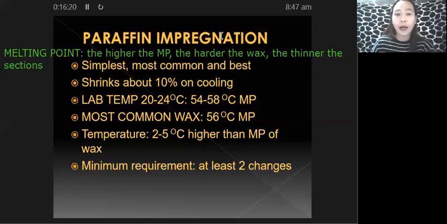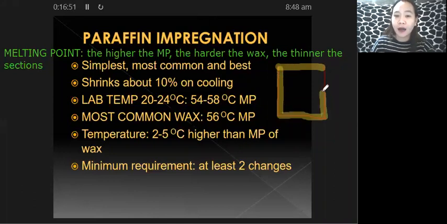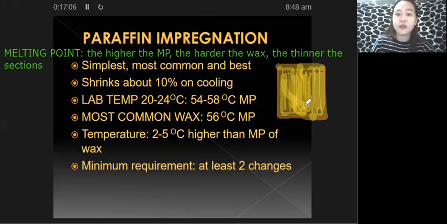So if you consider your paraffin block, even if you fill your mold with paraffin wax up to the topmost portion during embedding.